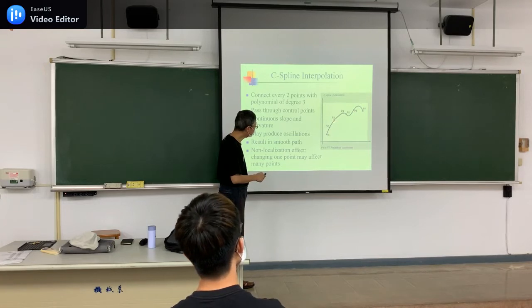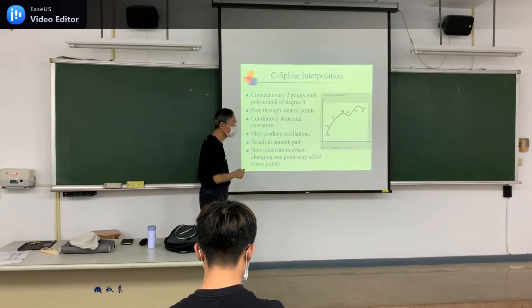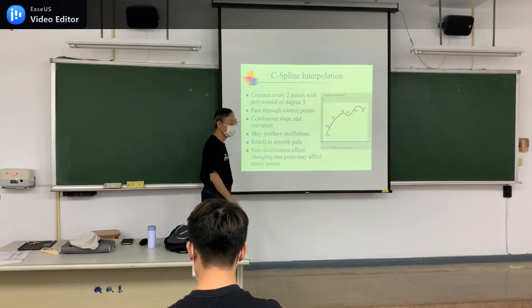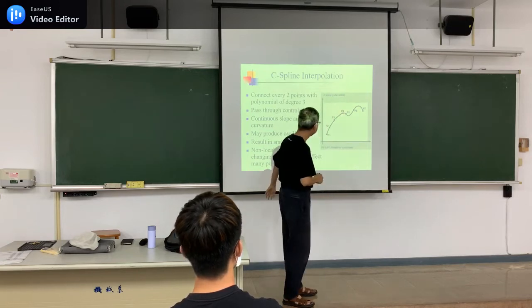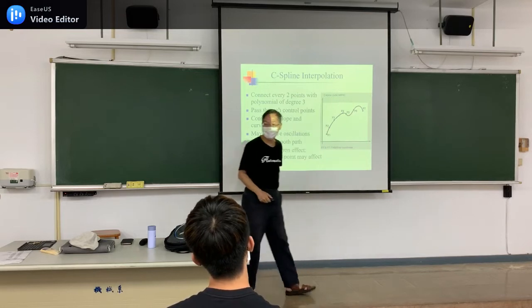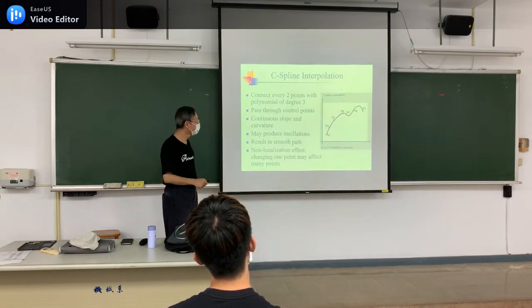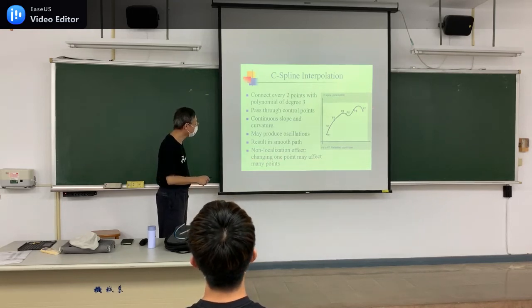Because it affects this, it will affect this. Because we require continuous slope and curvature. So, like dominoes, it will propagate to all the following points. So, changing one point may affect many points.